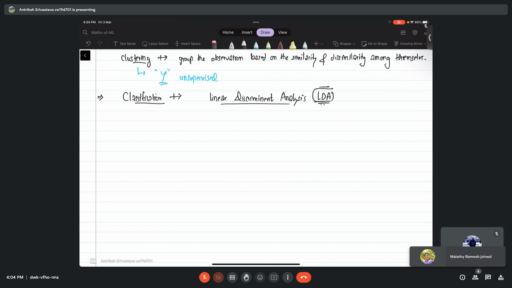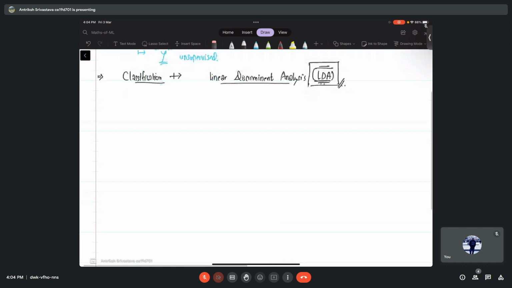The good thing about LDA is that the core concept or the methodology behind LDA is similar to PCA that we did last week, that is principal component analysis. So if we know PCA, the methodology is not that much different. The end goal is different.